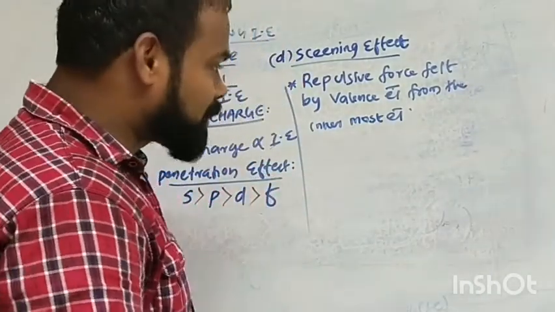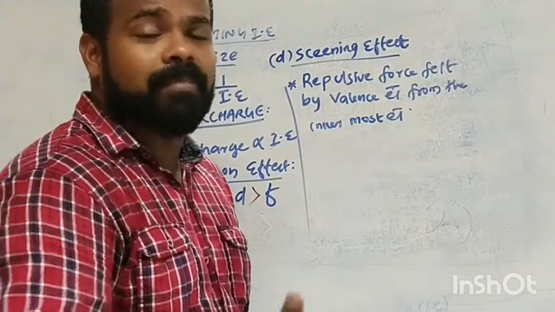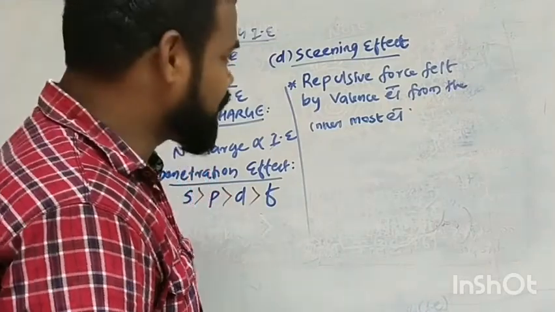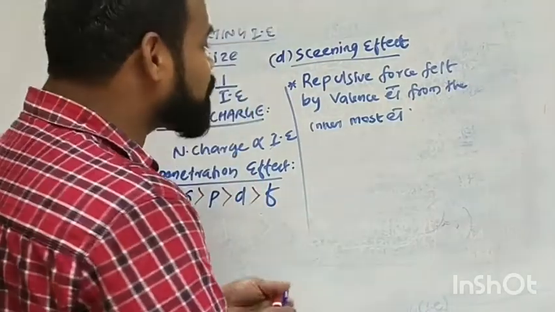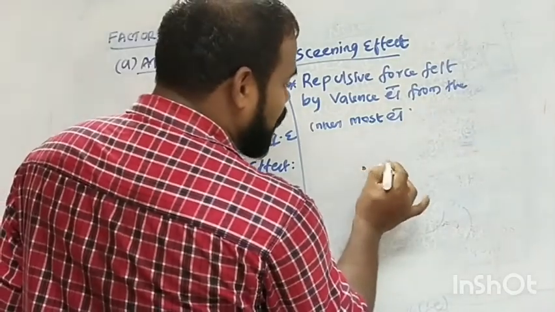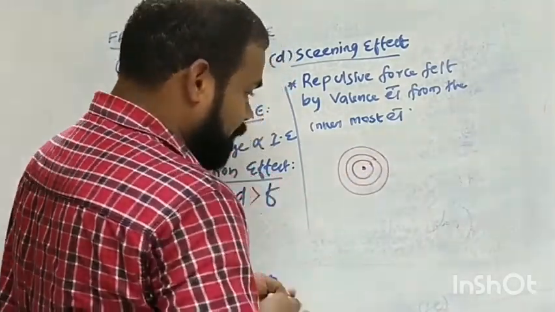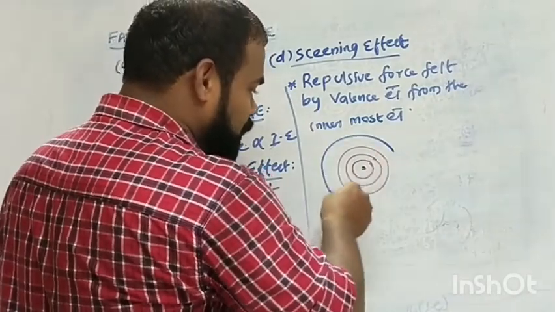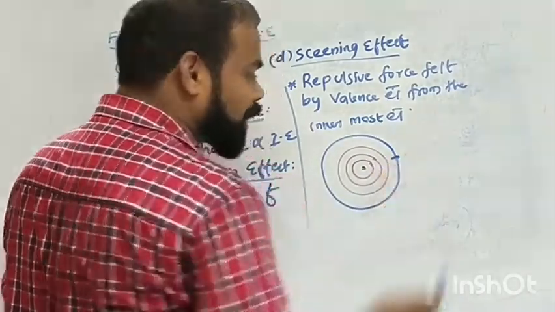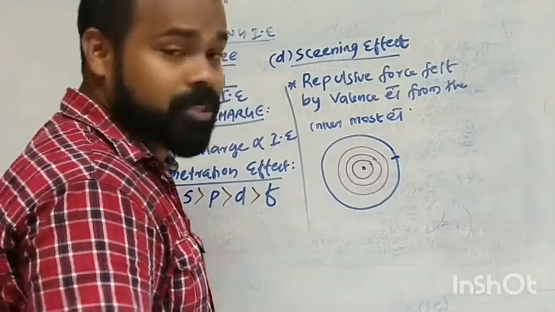Otherwise, the valence electron present, from the innermost electron. What is the meaning of that? It means the outermost shell, the nucleus, and a number of shells are here. Here I am drawing one more shell. Just consider this as an outermost electron in the outermost shell.